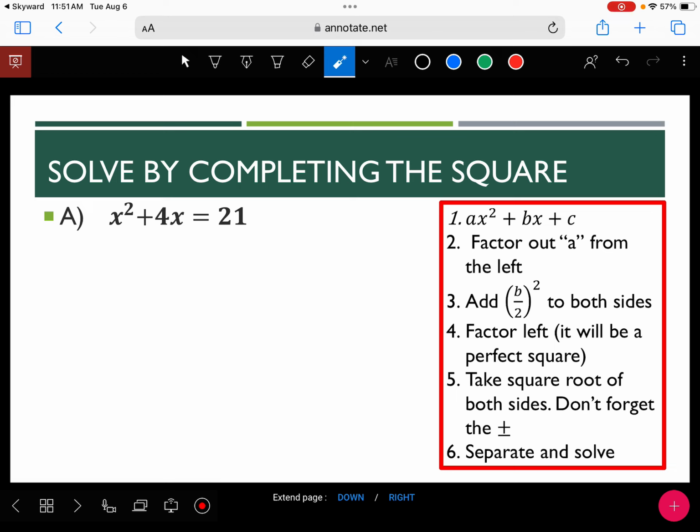And that's just the directions on how to complete the square. Now this is the only one where it does not need to be set equal to 0 for this method.